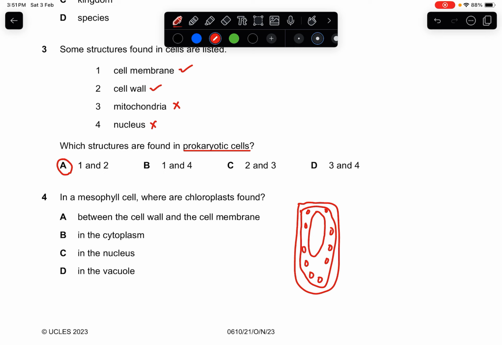This is supposed to be how it looks like, and the nucleus is at the center. So where is it located? Since this is the vacuole, this would be the cytoplasm. So the answer for this question is B.